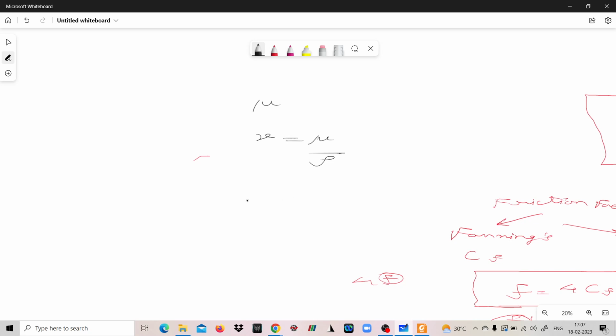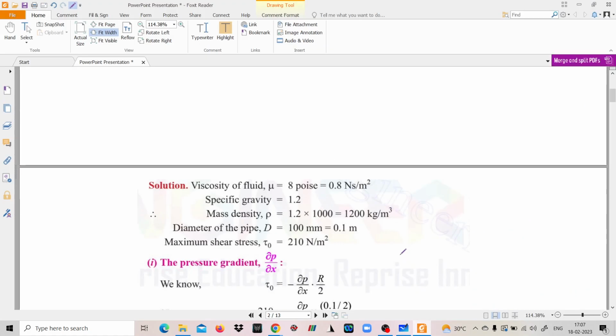Now the SI unit of dynamic viscosity is Newton second per meter square, and for kinematic viscosity it is meter square per second. The CGS unit of dynamic viscosity is poise, and for kinematic viscosity it is Stokes. Now in the question it was given that it was 8 poise.